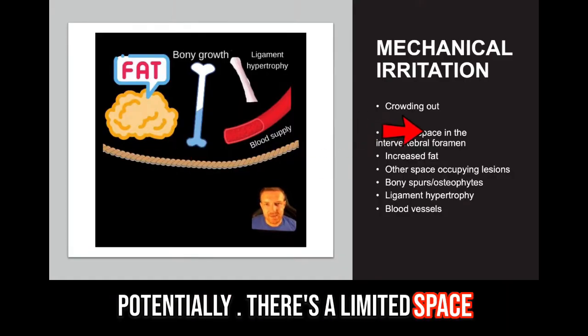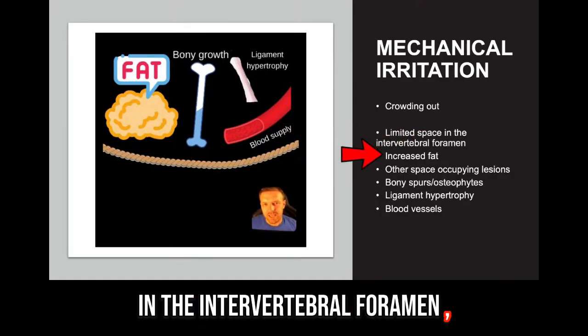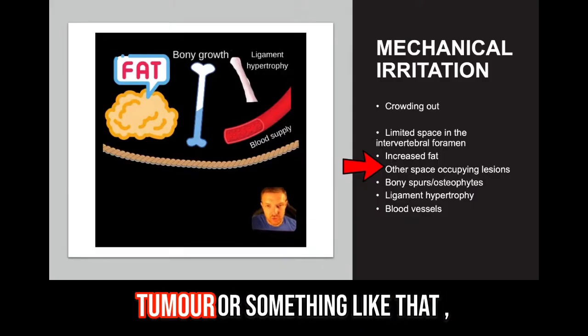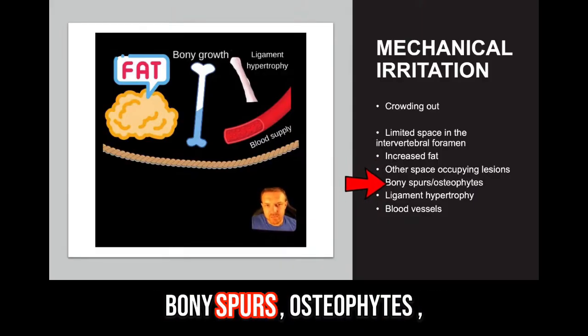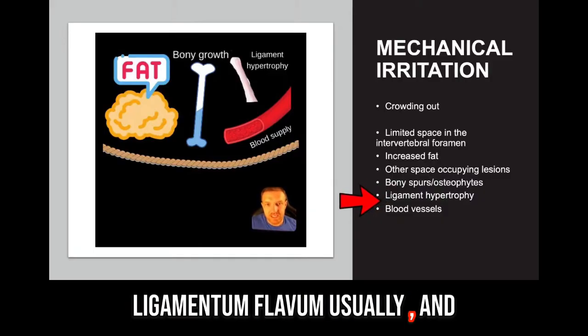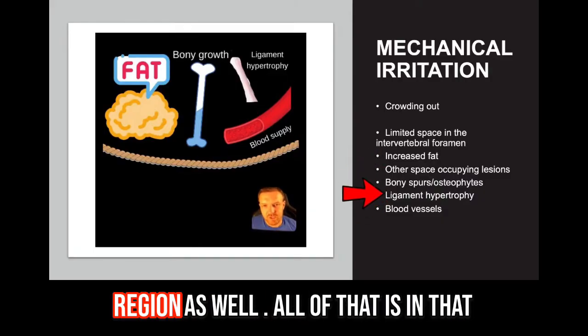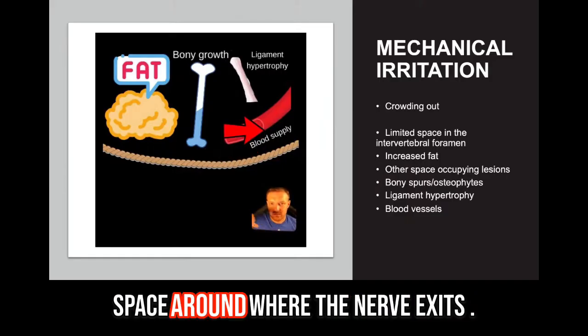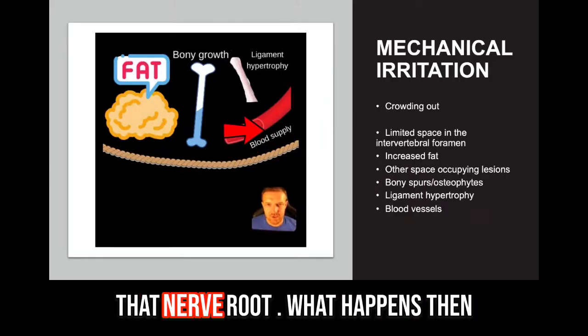If there's a limited space in the intervertebral foramen, increased fat deposits, other space occupying lesions, if there's a tumor or something like that, bony spurs, osteophytes, ligamentum flavum hypertrophy, and then your blood vessels are in that region as well. All of that is in that space around where the nerve exits, that nerve root.